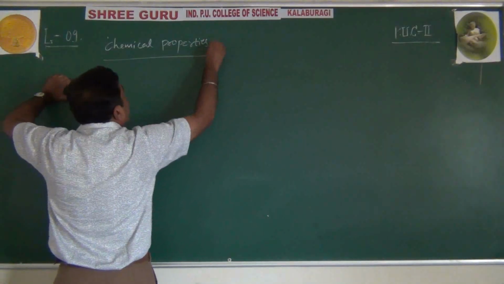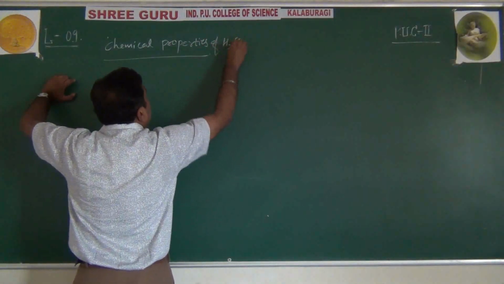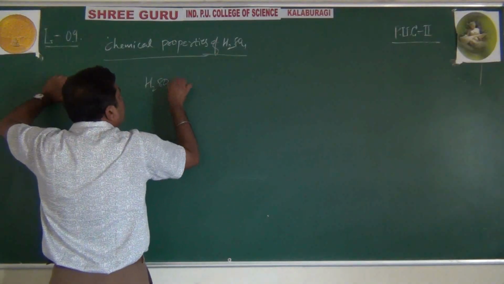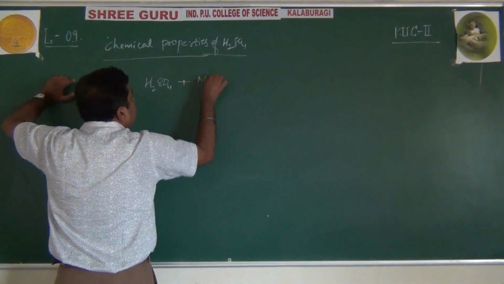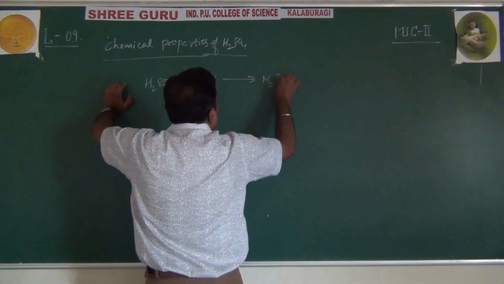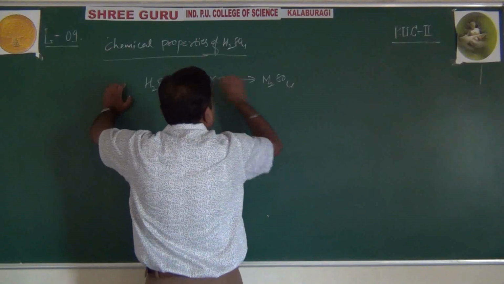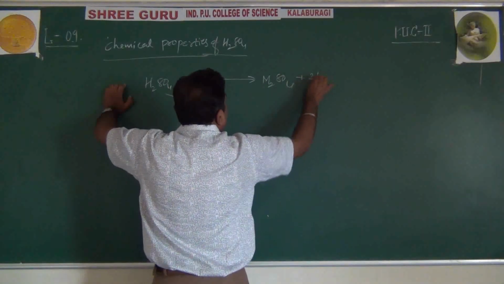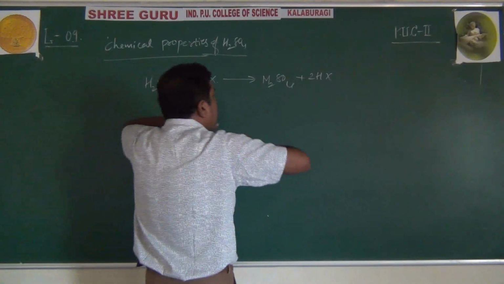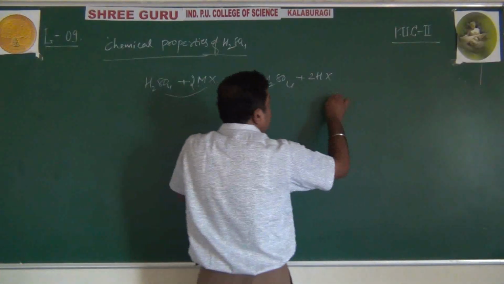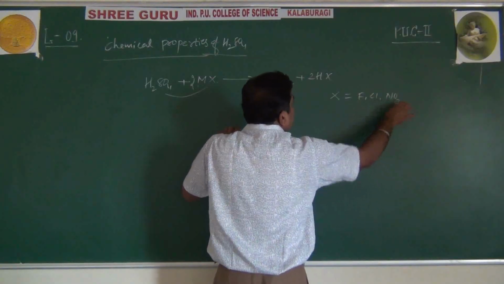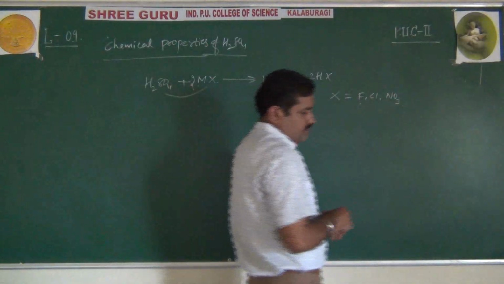What are the chemical properties of this H2SO4? Sulfuric acid generally reacts with metal halides and forms M2SO4, metal sulfates, and 2 HX. This X may be chlorine or nitrate, that means halogens and nitrates.